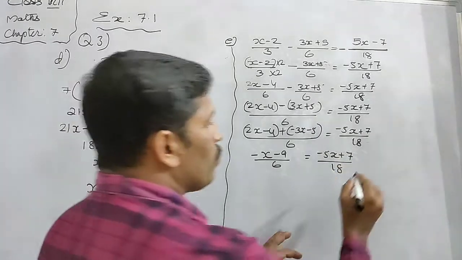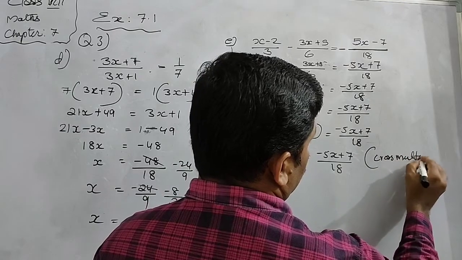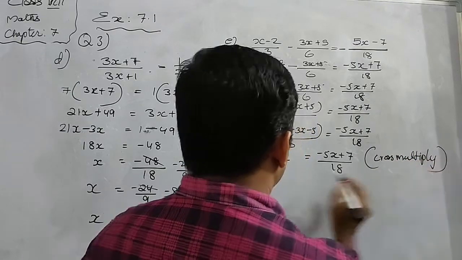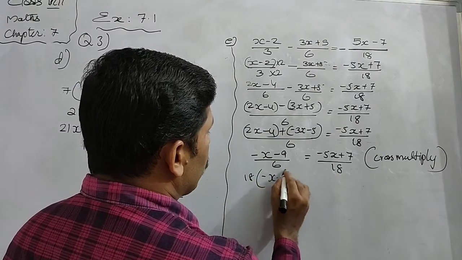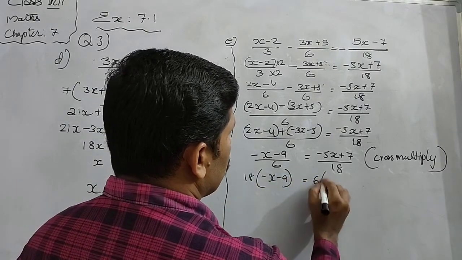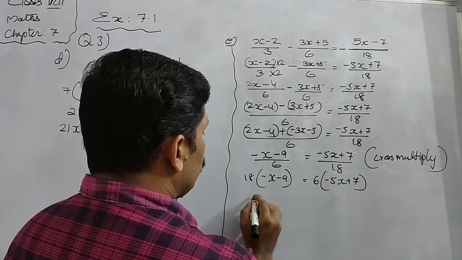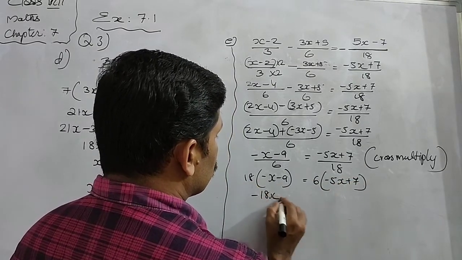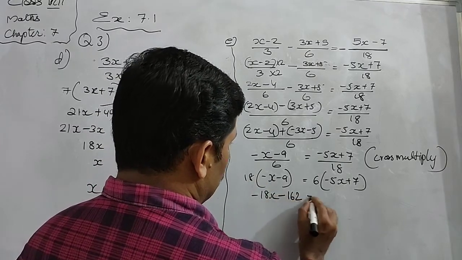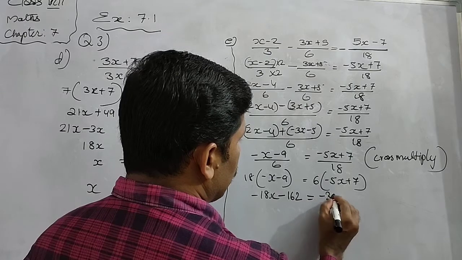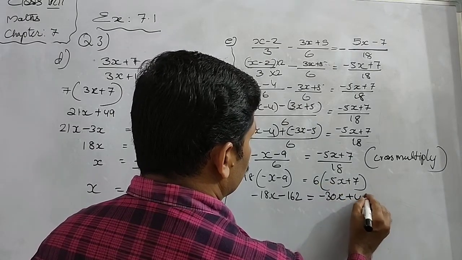Now students, we cross multiply. So 18 into negative x minus 9 is equal to 6 into negative 5x plus 7. 18 into negative x, negative 18x, and negative 162 is equal to 6 5s are negative 30x and plus 42.